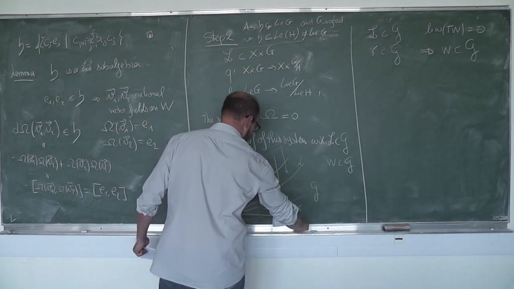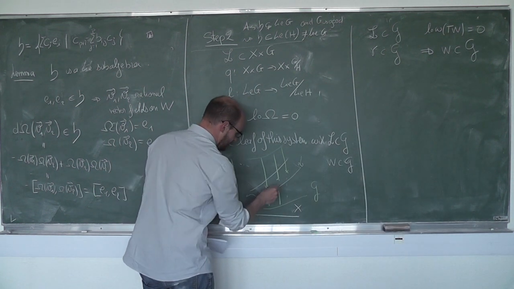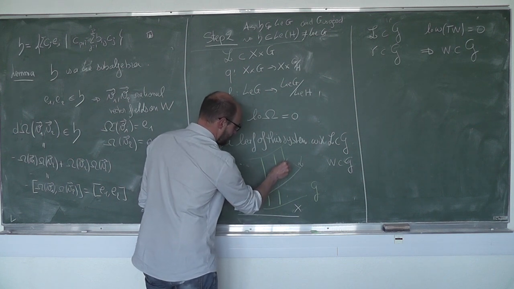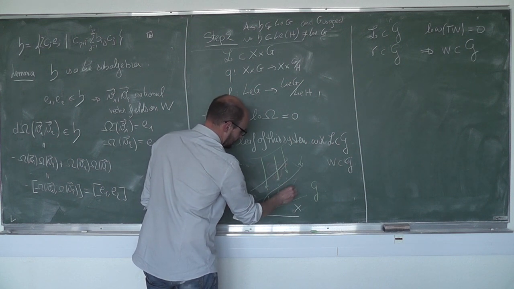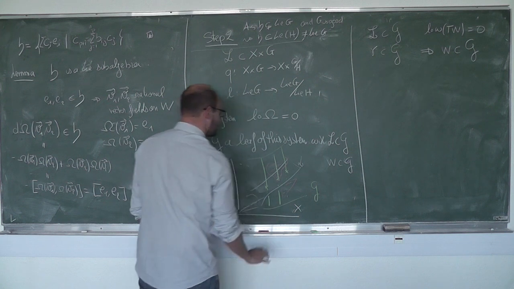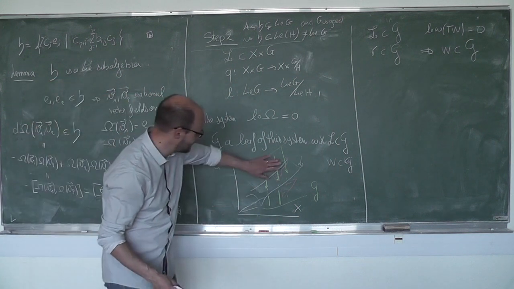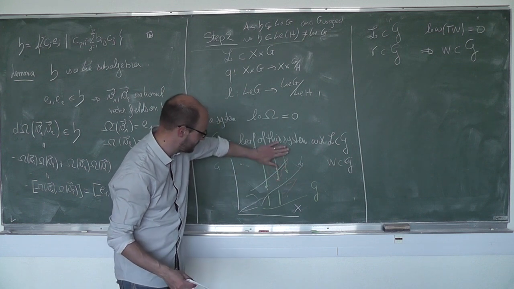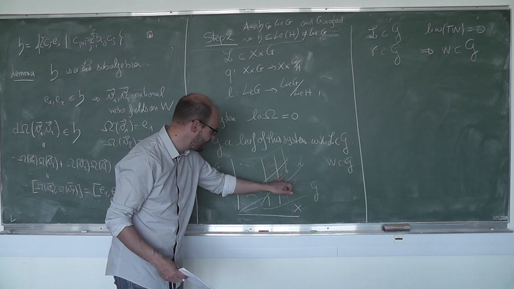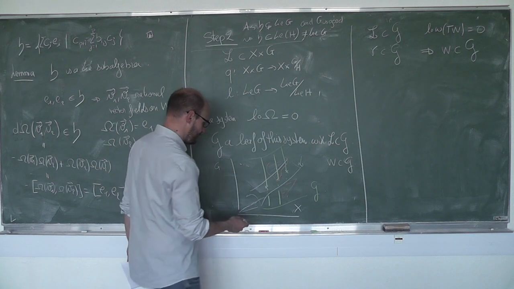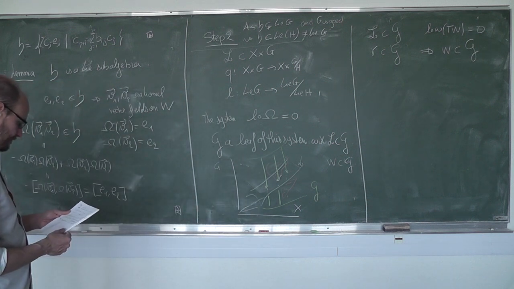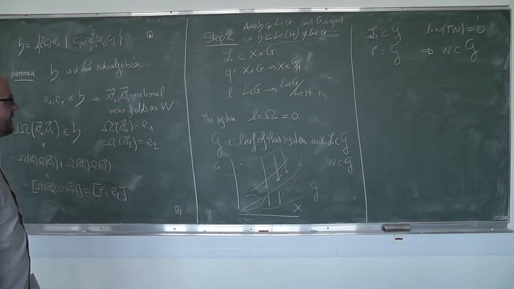So your curve is a small thing here, and W is something that is not in the white leaf, it is in the green one, and intersects the leaf at least in the curve gamma, which is here. Okay, and what else?